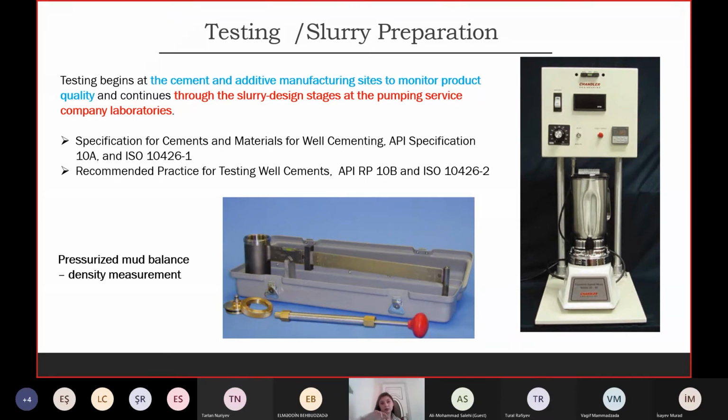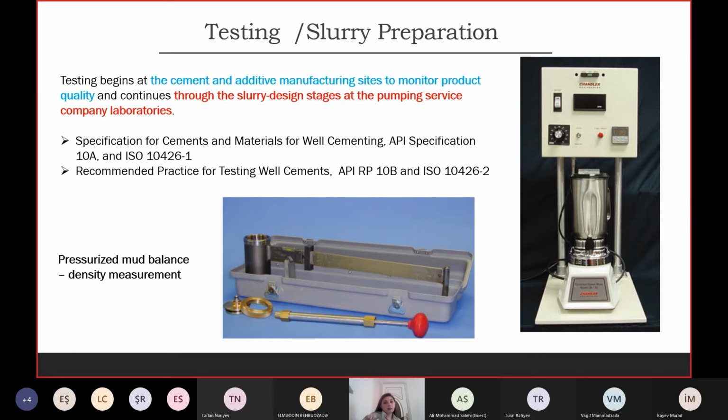So you add your mix fluid, and then your blend, which is cement and other dry additives. This machine has two different speeds, 4,000 RPM and 12,000 RPM. First it works at 4,000 RPM, you slowly add your blend, your cement, it gets mixed, okay, and then you get your slurry.